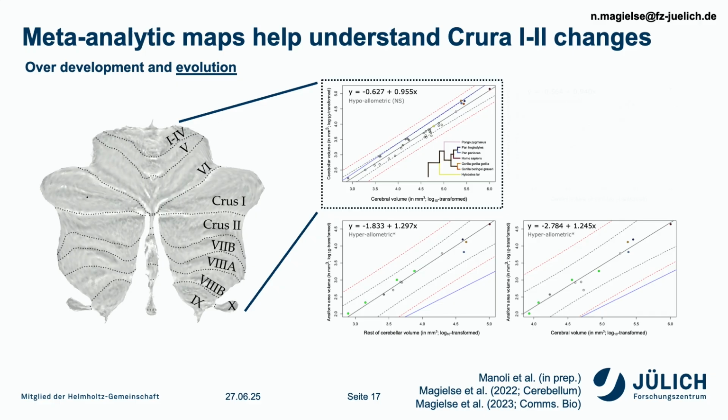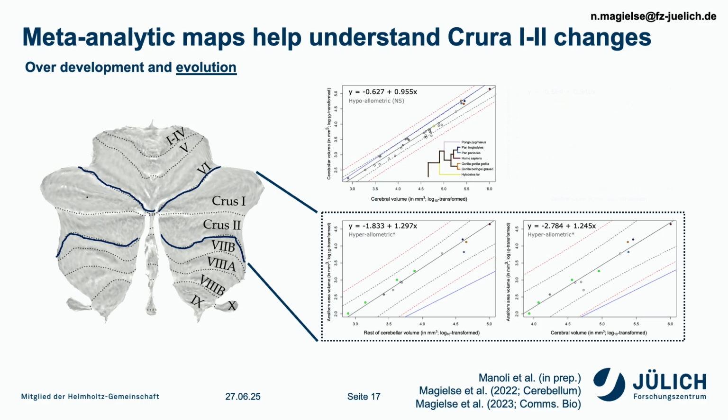I found that while the cerebellum grows at a very similar rate over 34 primate species samples to the cerebral cortex, if you zoom into the crura areas, you find a high grade of about 1.3 relative to the rest of the cerebellum, and about 1.25 to the rest of the cerebral cortex, which means that as the primate brain gets larger, this part of the brain takes up a larger part of it. Superimposing these different functions makes you think about what goes on in this evolution and why this evolution was driven.